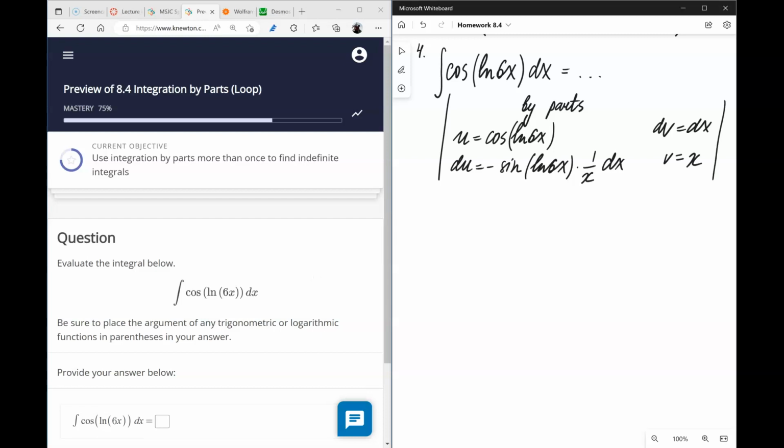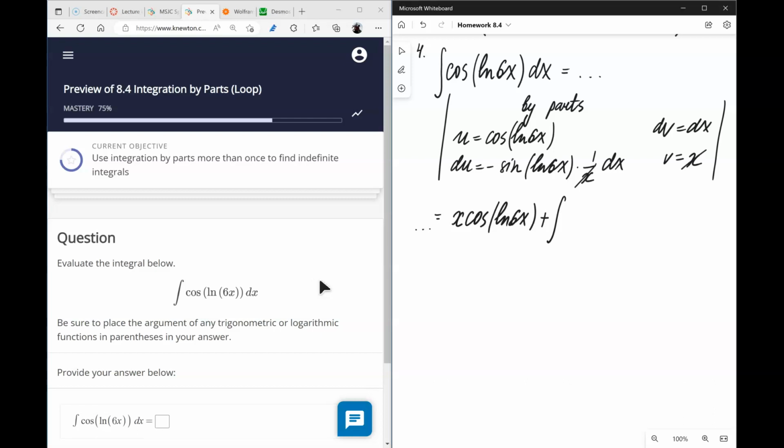This is my first integration by parts. Let's write the result. We have uv, so we have x cosine of ln of 6x minus integral of v du, but minus times minus becomes plus, and we have x's canceling out here, right?